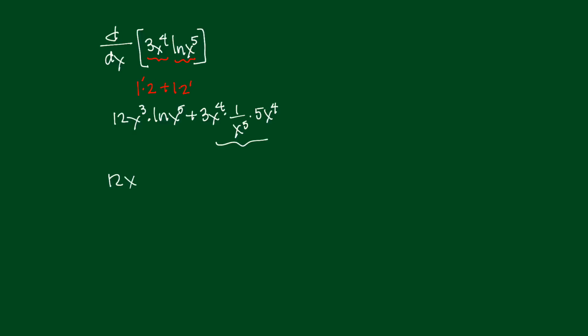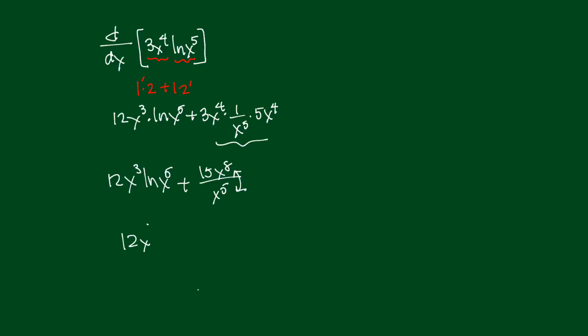So let's simplify it. 12x cubed ln x to the fifth plus, now what happens over here? I'm going to get the 3 times the 5, so that's going to be 15. And then I'm going to get x to the fourth times x to the fourth is x to the eighth. So I can write this as 15x to the eighth over x to the fifth. Then I can deal with these two here.